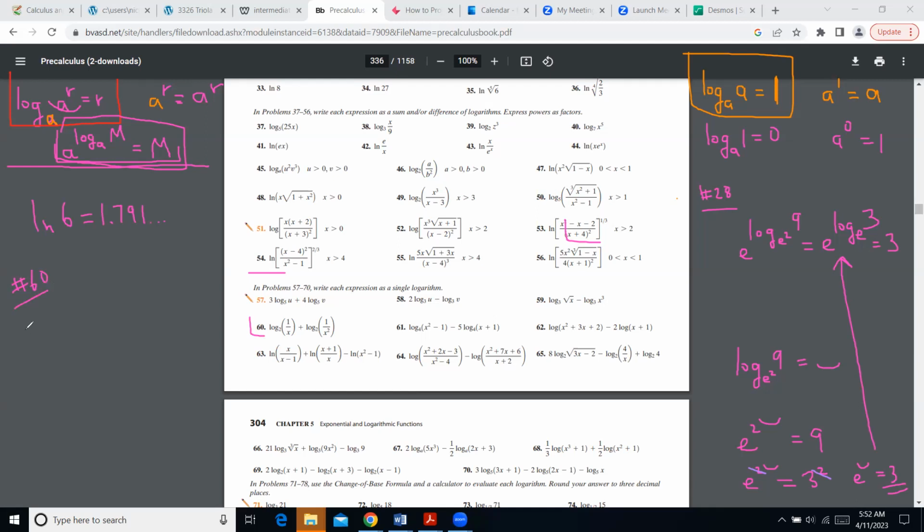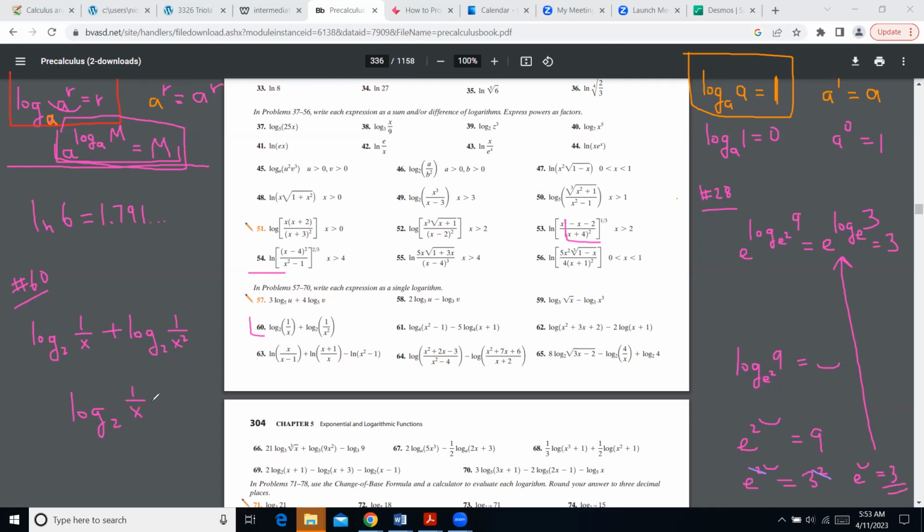So if I do problem 60 with a logarithm base 2 of 1 over x added with a logarithm base 2 of 1 over x squared, then you're going to put a logarithm base 2 together as a product.